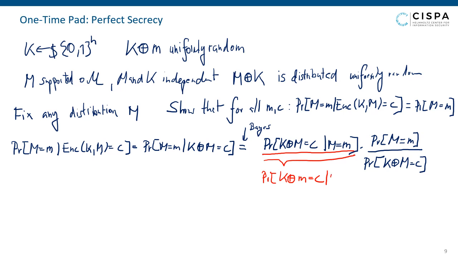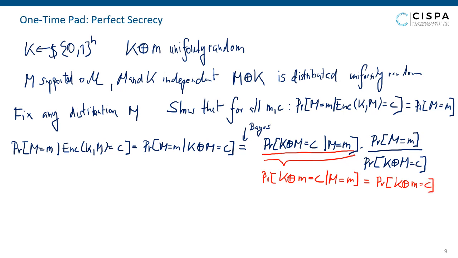And now here we have M equals m, but I just said that k and M are independent, so we know this is the same as the probability k XOR M equals c.